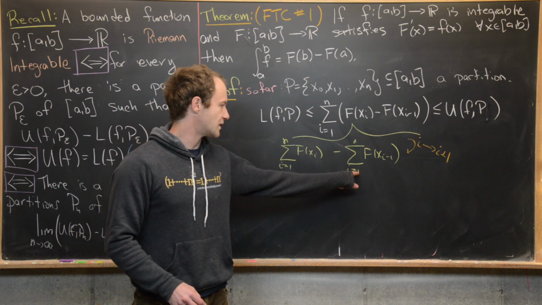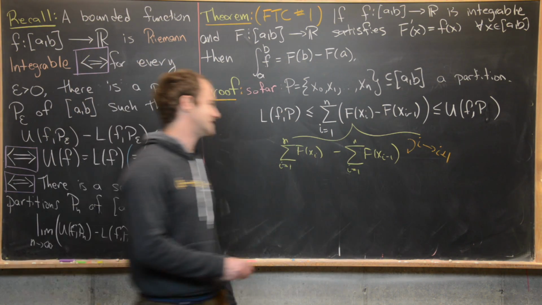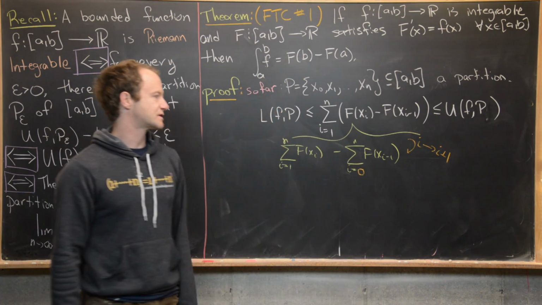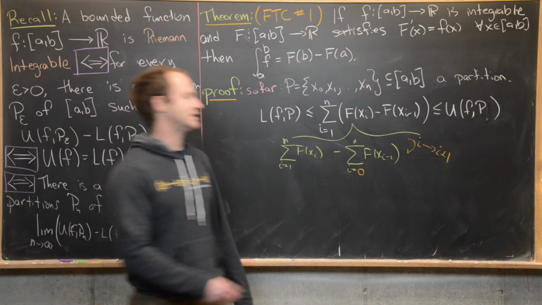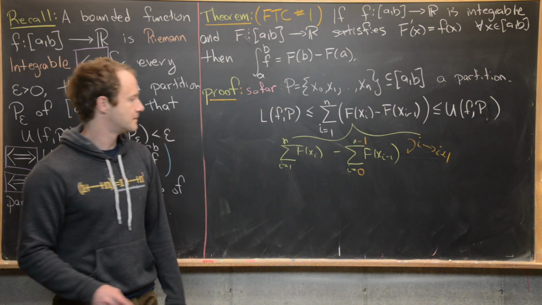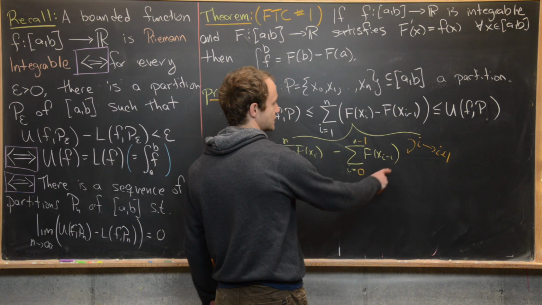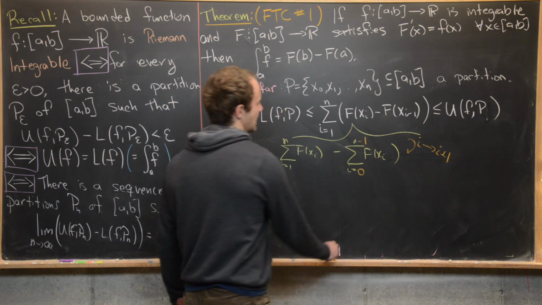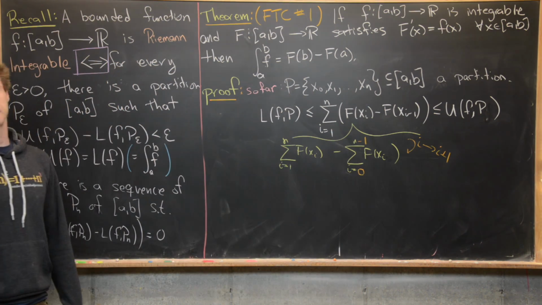When i plus 1 equals 1, i is equal to 0, so this starts at 0. When i plus 1 is equal to n, i is equal to n minus 1, so this is going to end at n minus 1. And then if we've got i minus 1 and change it to i plus 1 minus 1, we're going to have F of x_i, like that.